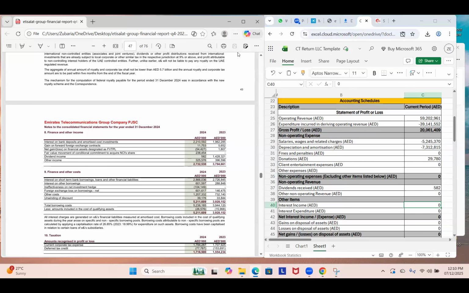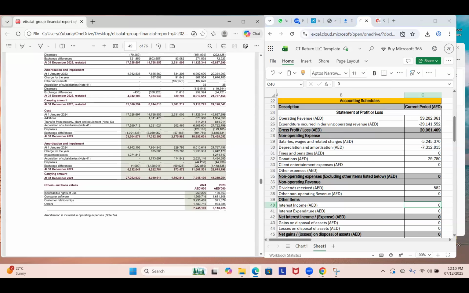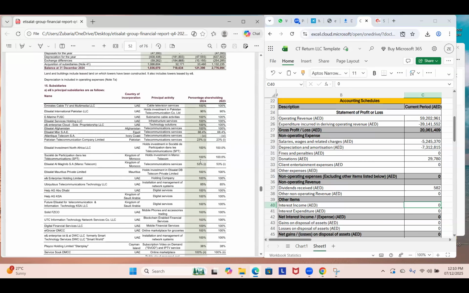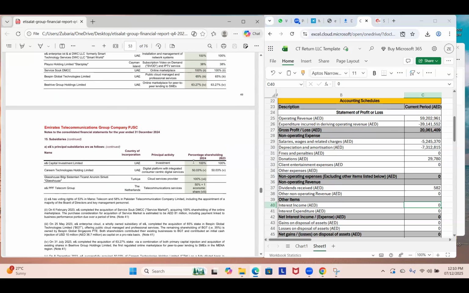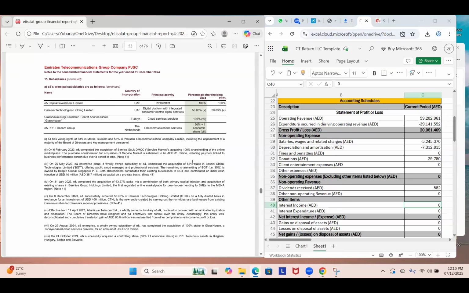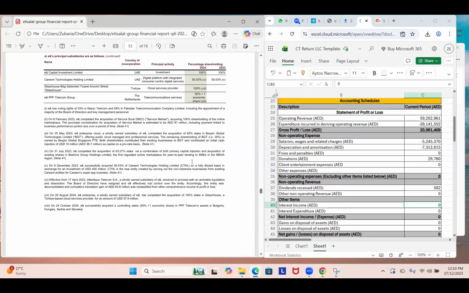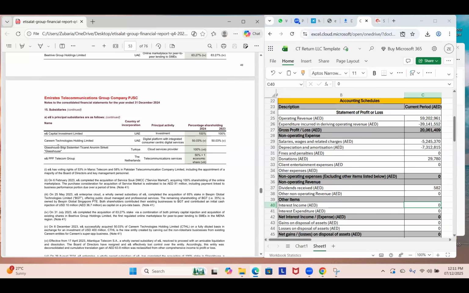Page number 53, bottom. Note 17, investment in associate and joint ventures.